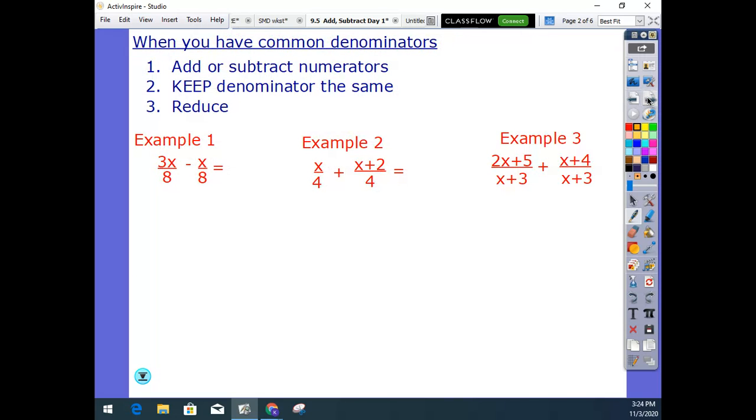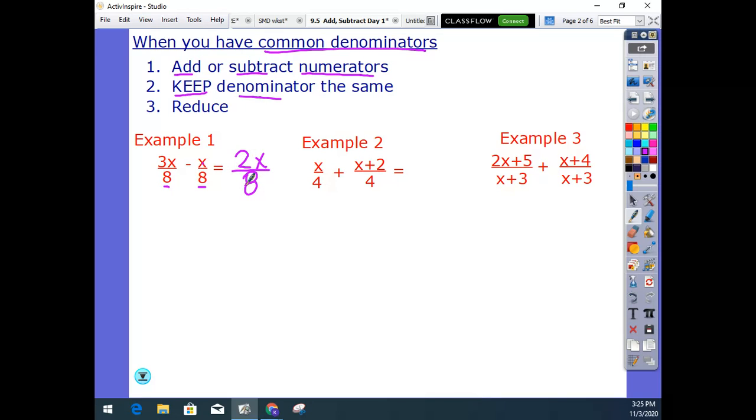All right, so let's start out kind of easy. If you have a common denominator, you just add or subtract the numerator, keep the denominator. 3x minus x is 2x.